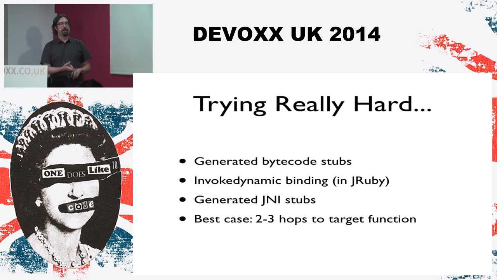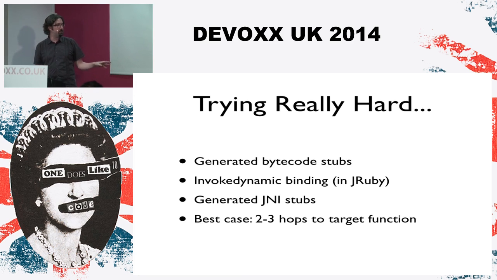So we're generating bytecode stubs on the front end. There's invokedynamic support. Upcoming is Lambda support as well, so that we can do some of these function bindings and use JVM-level features to optimize them. As I mentioned before, the JNI code, the native code that maps on the C side, is all generated at runtime.